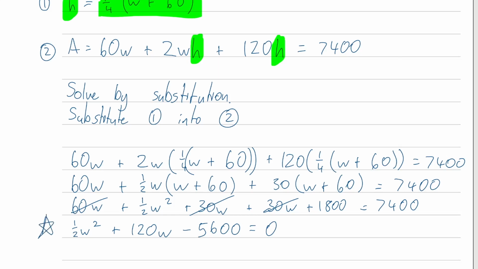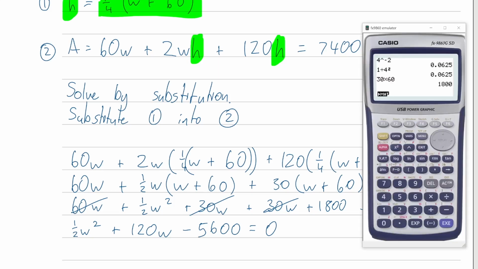So getting to this point is a very good step. We have a quadratic equation in terms of w, and we can then solve for w. So to solve this, I'm not going to waste my time factorizing and yada yada. I'm going to go menu, equa for equation, polynomial, so f2. So I'm solving a polynomial of degree 2 because it's a quadratic.